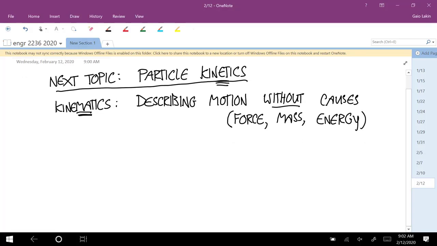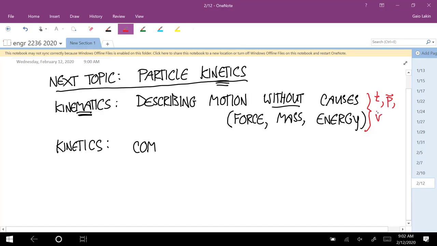We're moving on now to kinetics. And kinetics still involves kinematics. You're still using, and actually up here, basically what this is relationships between time, position vector, velocity vector, and acceleration vector.